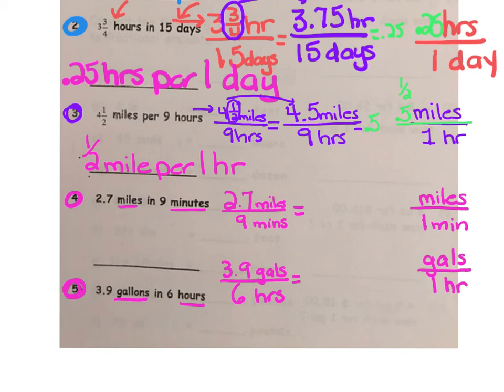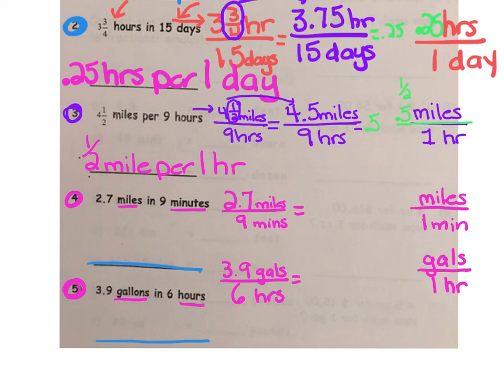You'll divide and come up with the unit rate. When you're done, write your unit rates on the lines that have been given in a linear fashion. Make sure you use the per. Pause your video, and when you're ready, turn your video back on to check your work.